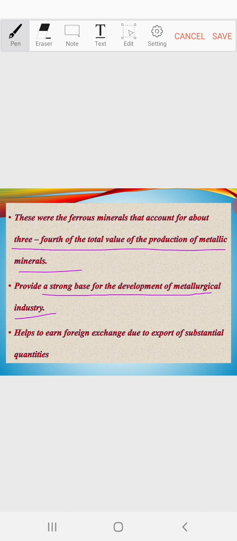After meeting internal demands, substantial quantities are exported, which helps to earn foreign exchange. So ferrous minerals account for 3/4 of the total value of production of metallic minerals. Today we discussed the ferrous minerals.